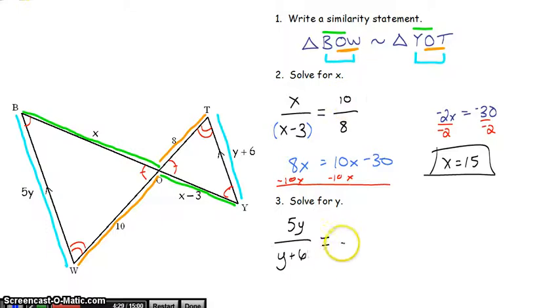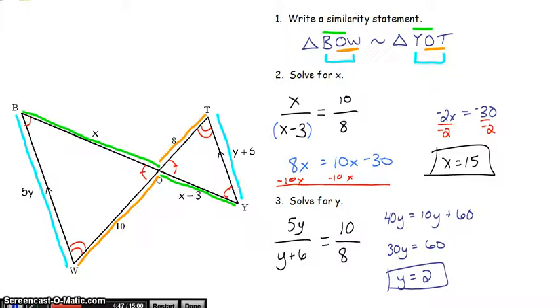That's the one I want to use again. I'll use 10 over 8 again. Go ahead, cross multiply and solve. Press pause and then unpause it to check your work. Hopefully we found that y was equal to 2.